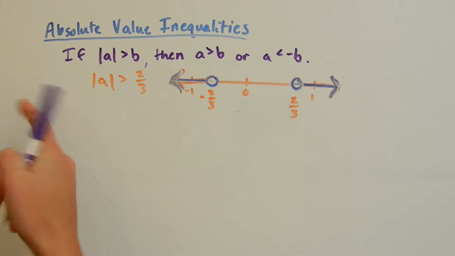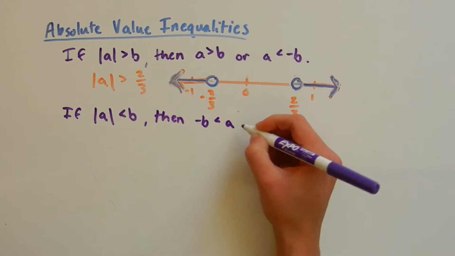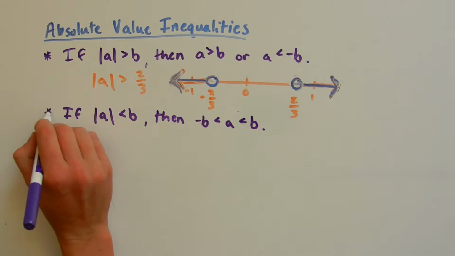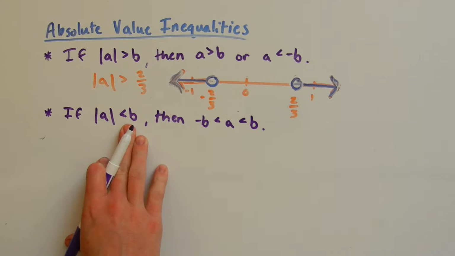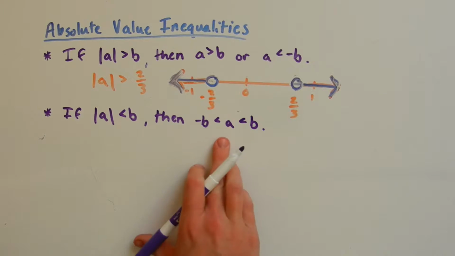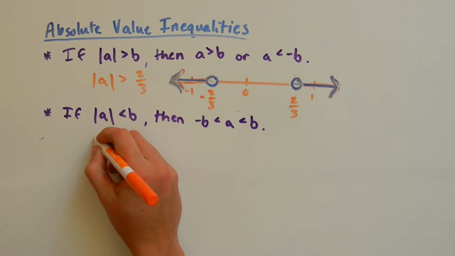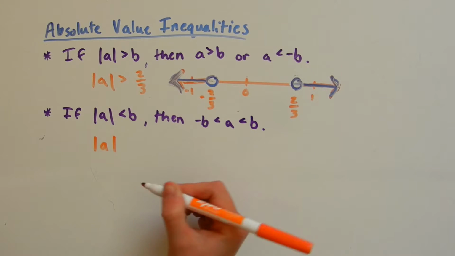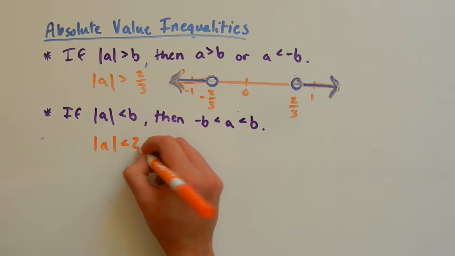So let's look at another absolute value inequality. If the absolute value of A is less than B, then negative B is less than A, which is less than B. Let's look at an example of this. Let's say that the absolute value of A is less than 2.